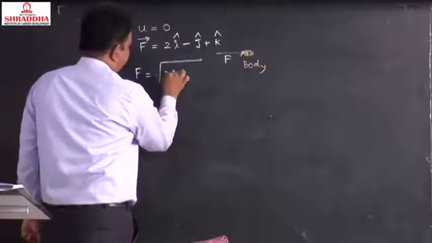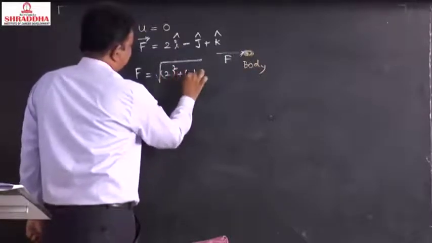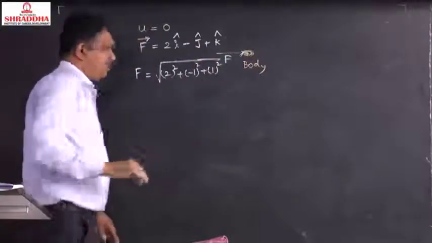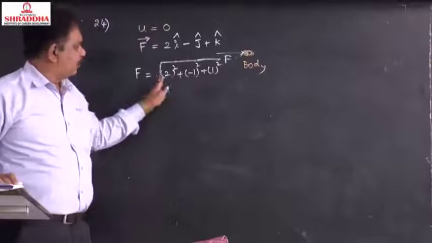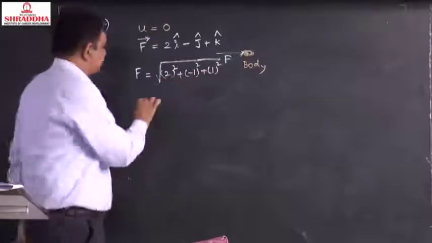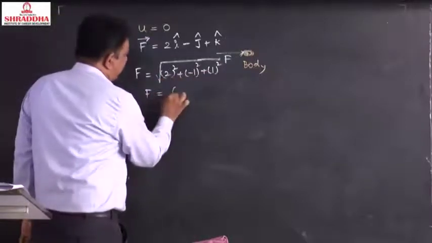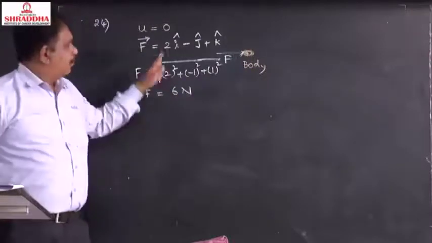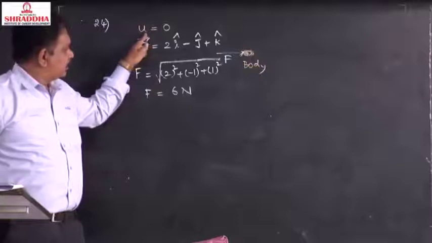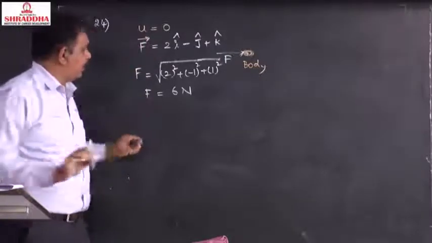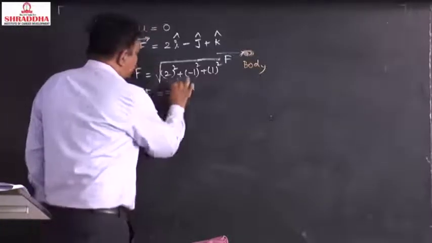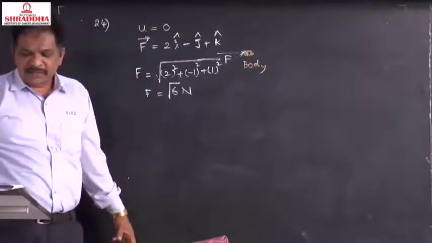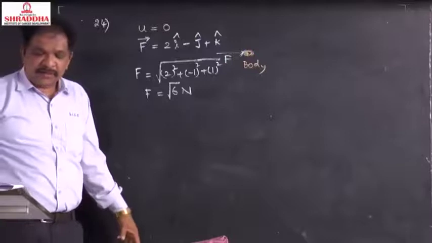Square root of 2 square plus 1 whole square plus 1 whole square, 4 plus 1 plus 1. This F value will be equal to root 6 Newton. Body is at rest. We applied a force of root 6 Newton on the body. Clear? Then what happened?